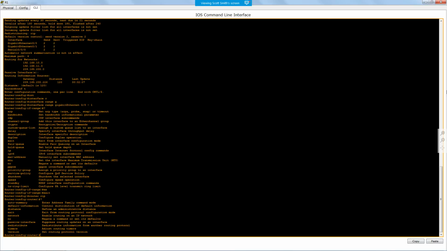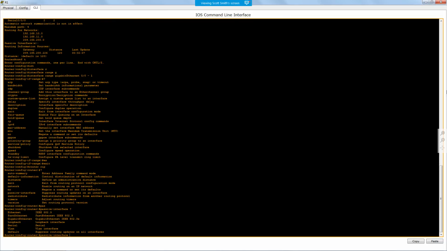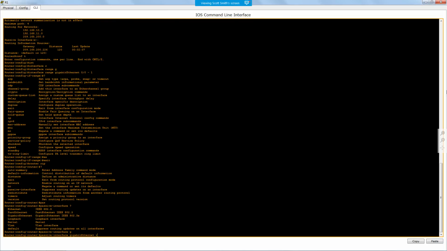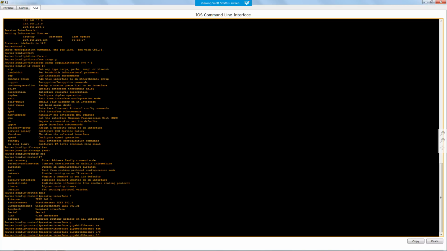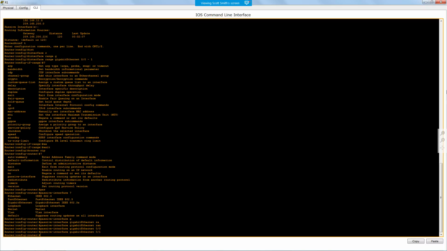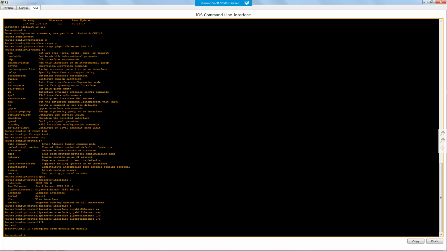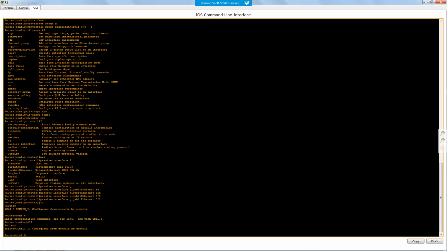So the natural inclination would be to take out the network statements for those networks, but then those networks don't get advertised. So they've added another command that gives us the ability to suppress updates from leaving an interface. And that's what passive interface does. It still allows the networks to be advertised, but it suppresses the protocol from running on the interface.